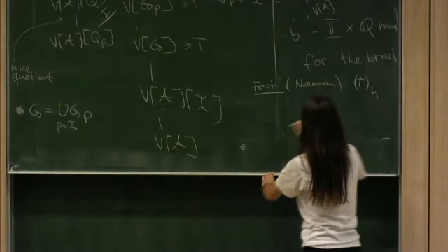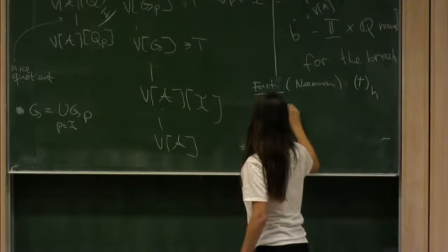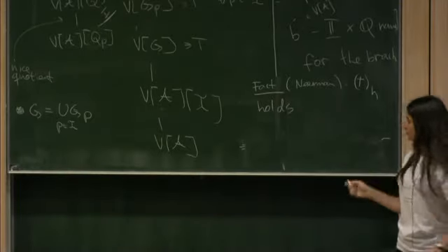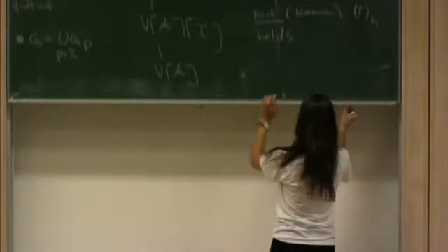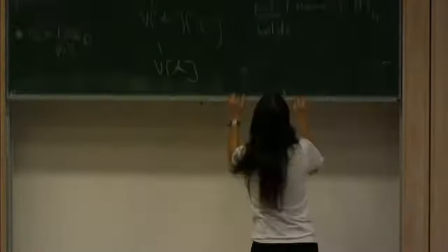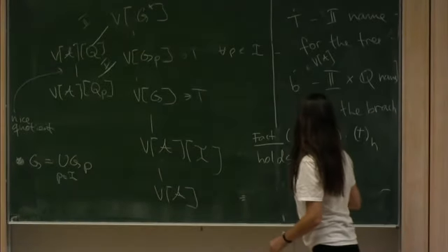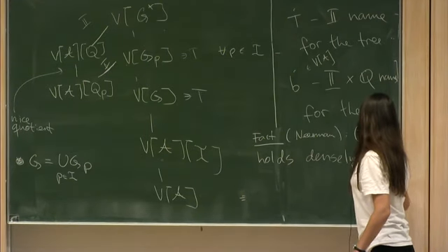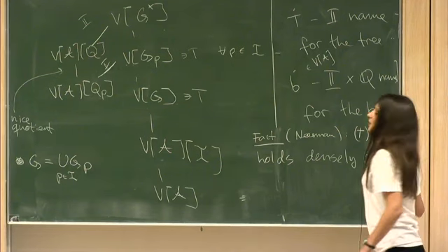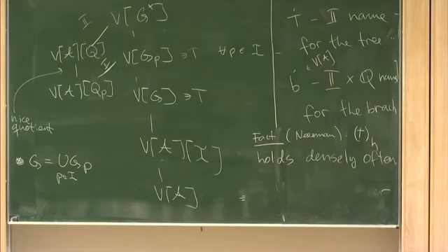By densely often I mean in the natural ordering of stems. So given any stem, one can extend that stem to a stem H for which dagger of H holds.